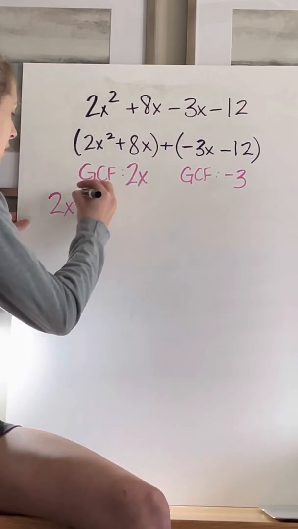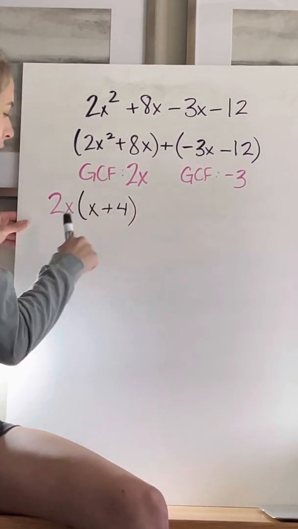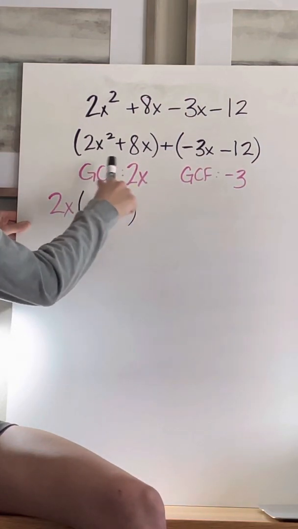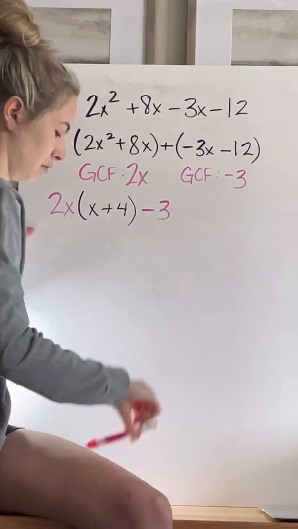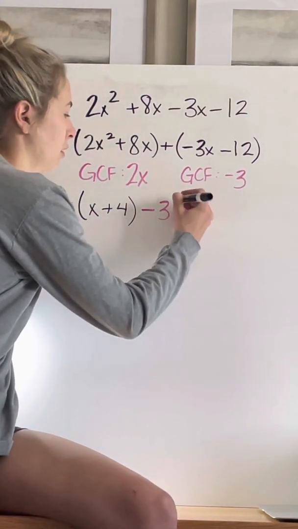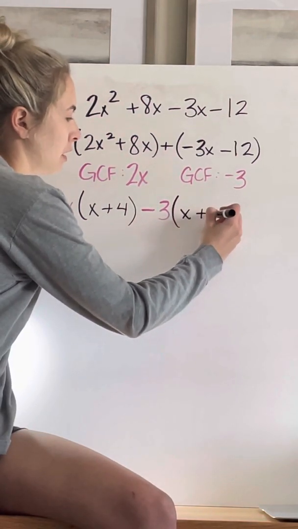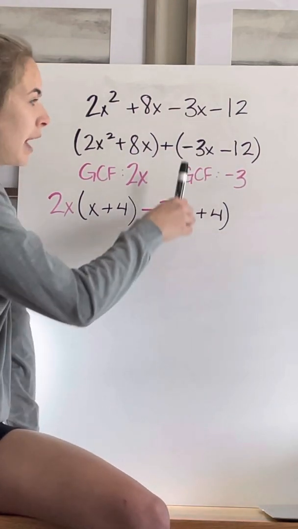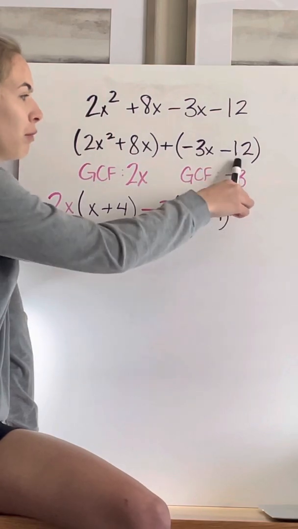We get 2x multiplied by x plus 4, right? Multiply it, you get 2x squared. Multiply it, you get 8x, which is what we have above. Then we have our minus 3 from our second GCF. And when we multiply it, we get x plus 4. Again, this gives us a negative 3x, which we have above, and this multiply gives us our negative 12, which we have above.